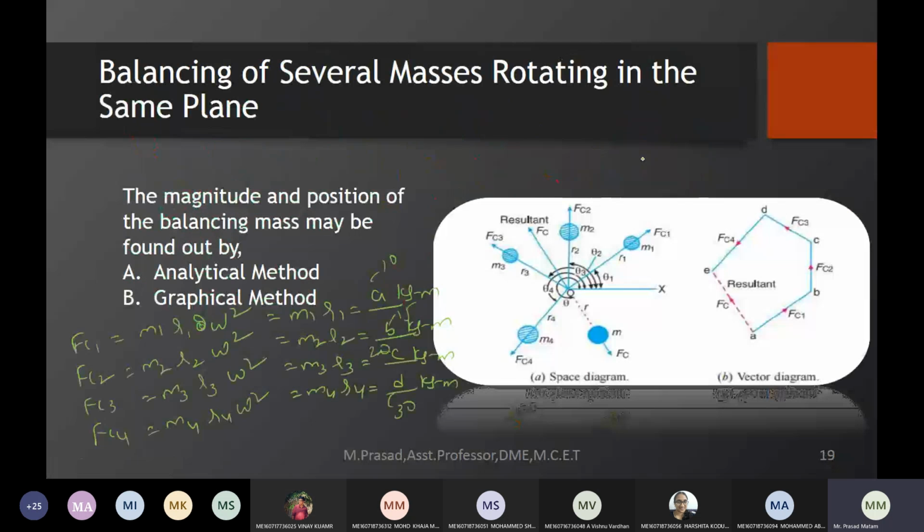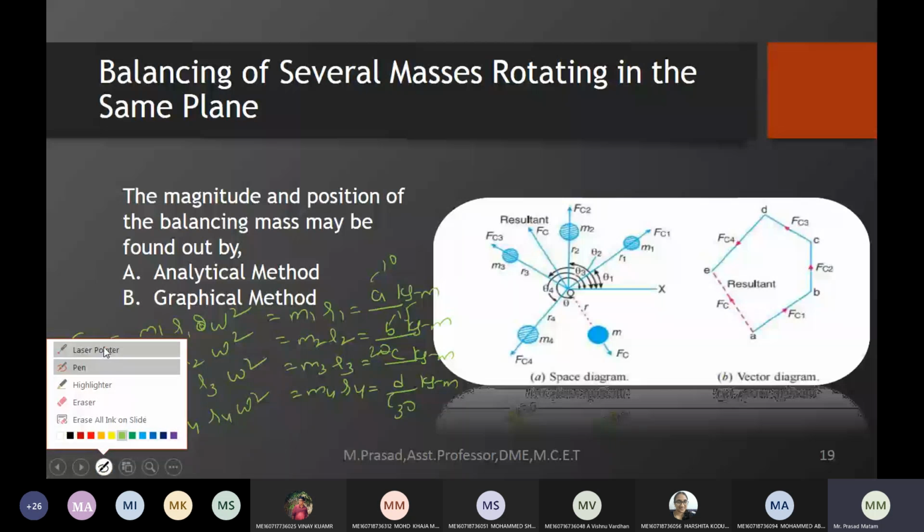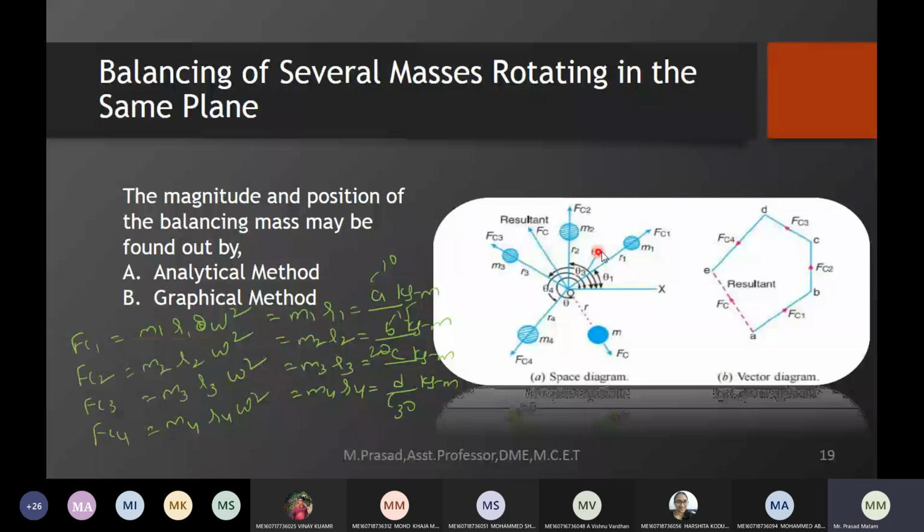You can see here, with respect to this point, the angle made by the centrifugal force is theta 1. This AB and this line are parallel to each other. This is my starting point, and with respect to it I'm drawing the line Fc1 making an angle of theta 1.